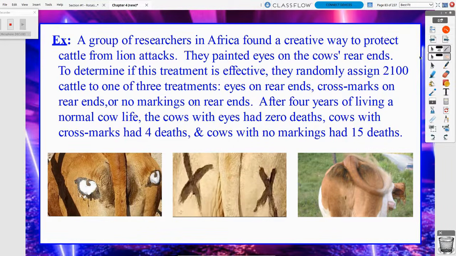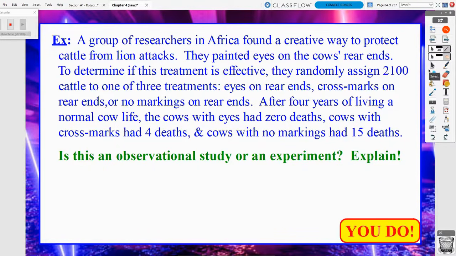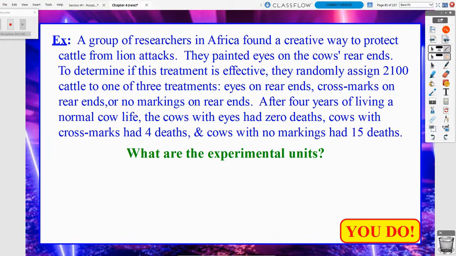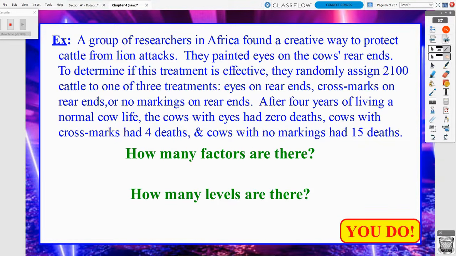So taking this into consideration, I have a whole sequence of questions for you to answer as a part of your you-do problem. Number 1, is this an observational study or an experiment? And tell me why. Number 2, what are the experimental units? Number 3, how many factors are there? And tied to that, how many levels are there?